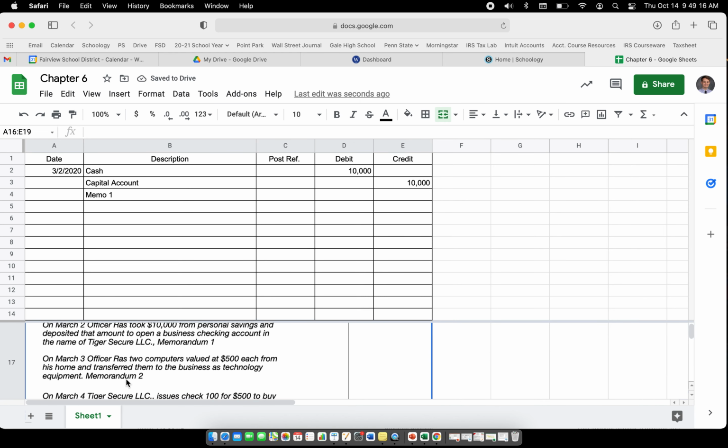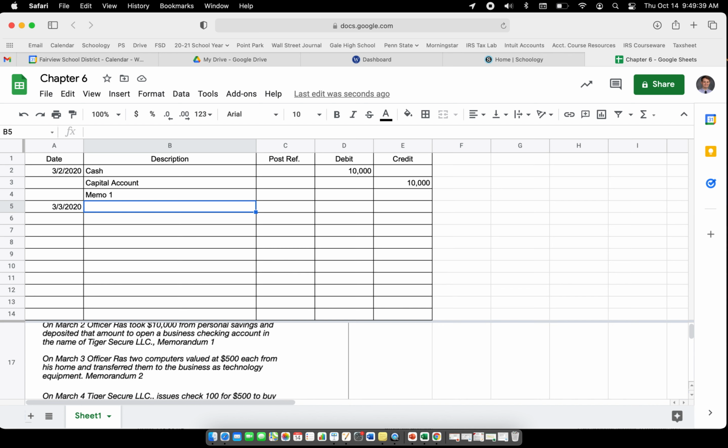Now we're going to take a look at the second transaction, which occurs on March 3rd. On March 3rd, Officer Raz took 2 computers valued at $500 each from his home and transferred them to his business as technology equipment, and that was memo number 2.